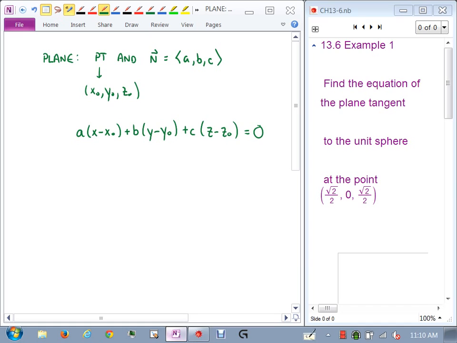So the normal vector, like we said, should come from those two tangent vectors being crossed. So I'll need to get those two tangent vectors. And then the point is already given to me in the problem, isn't it? Root 2 over 2, 0, root 2 over 2. So all I need is really to get that normal vector. Where do those derivatives come from?